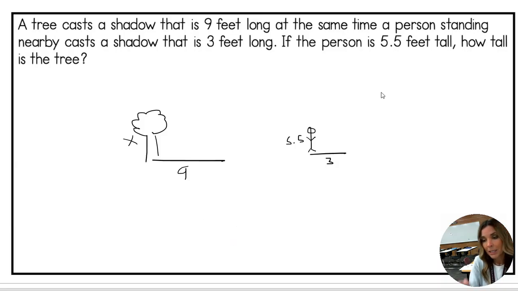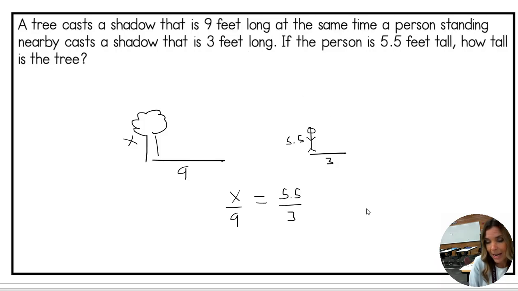Okay, so we're going to go ahead and set up our ratios using our corresponding parts. So we know the height of the tree over the length of the shadow has to be equal to the height of the person over the length of the shadow. So we want to know how tall the tree is.